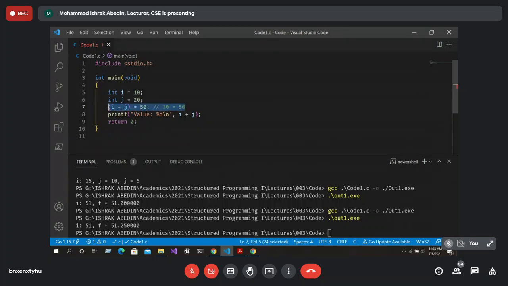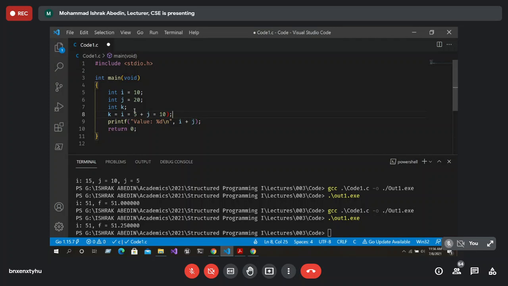Similarly, if I declare another integer k, then write k = (i = 5) + (j = 10), with the brackets, it works. But what will happen if I do not put the brackets here?